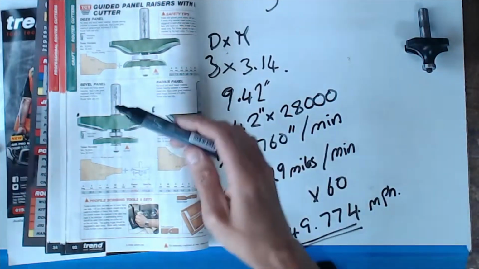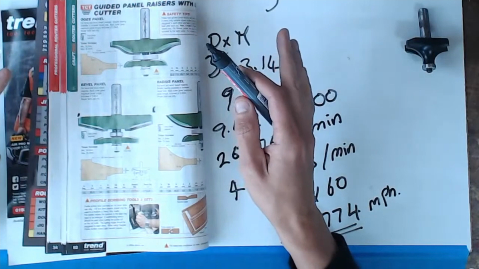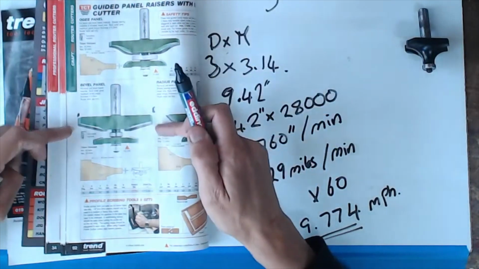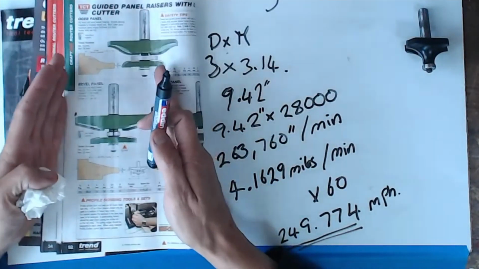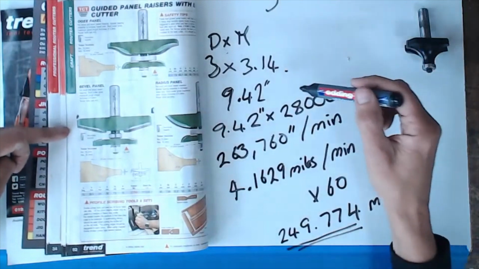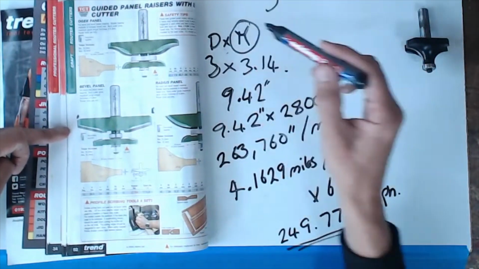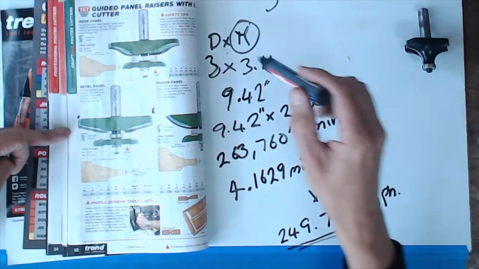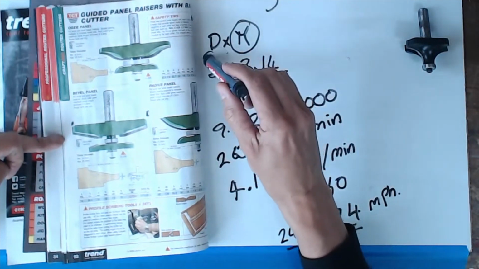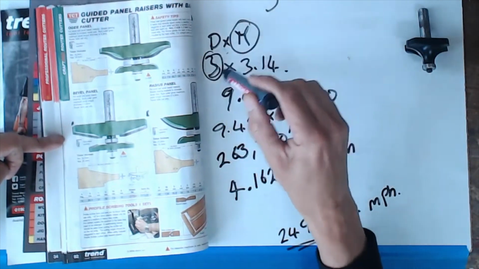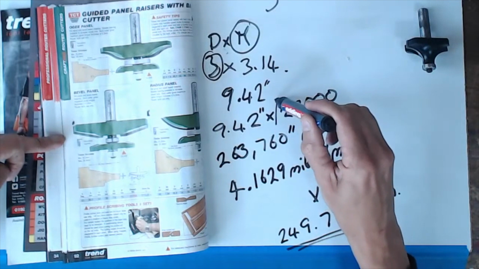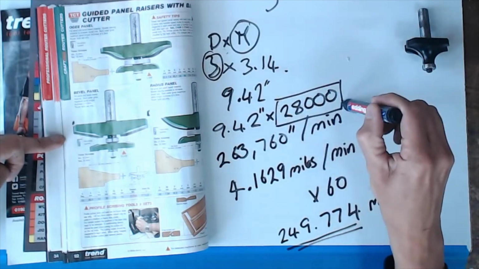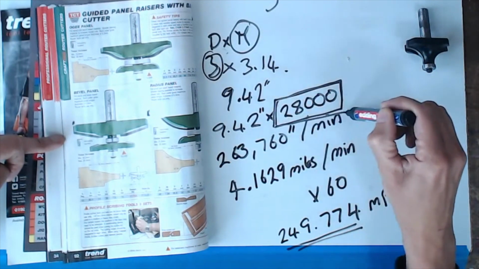Now, we can't change physics. We can't physically change the size of this. That's fixed. It's metal. We can't change pi. Pi is a constant. We've got no changing the diameter. The only part of this that we can change is our original spindle speed.